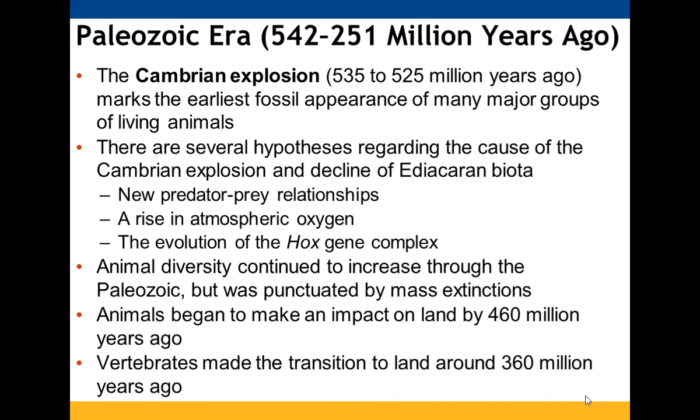Why we saw the previous species diminish might have had to do with predator-prey relationships or increasing amounts of oxygen, and then the good old Hox genes. The diversity increased throughout this era. There were mass extinctions that caused significant changes in that diversity. Animals started to really make an impact on land about 460 million years ago, and truly made the transition around 360 million years ago.